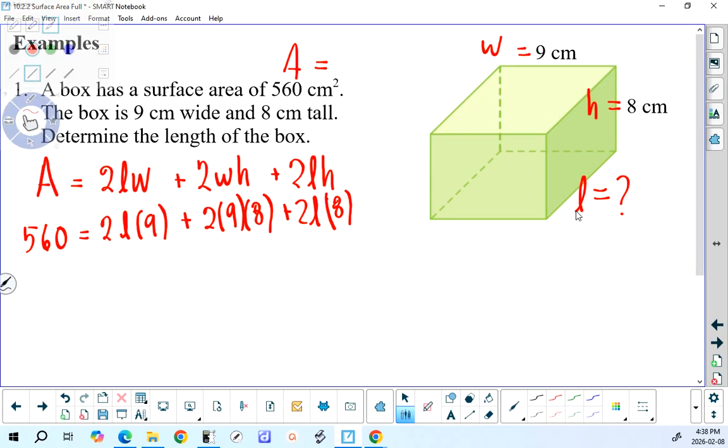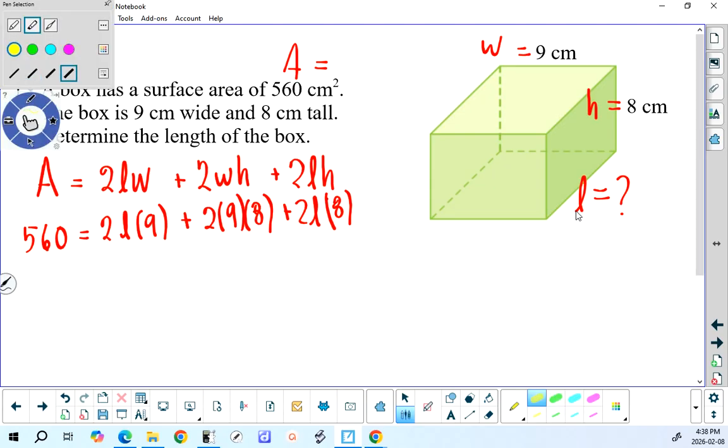So I just want to point out what we've done. We put 560 in for A. Every place there was a W, we put the number 9. Every place there was an H, we put the number 8.